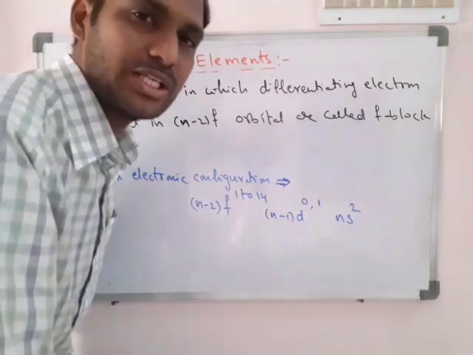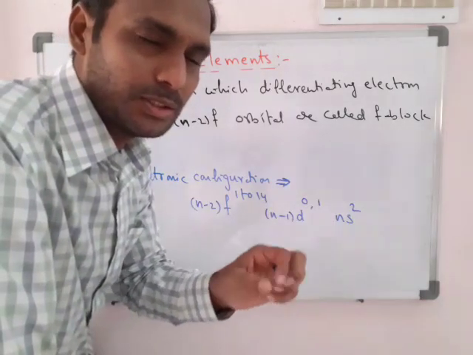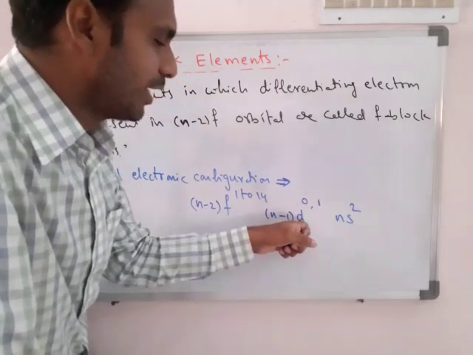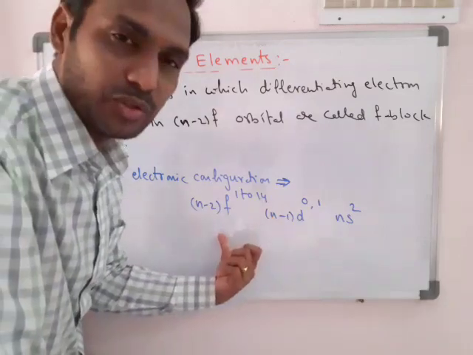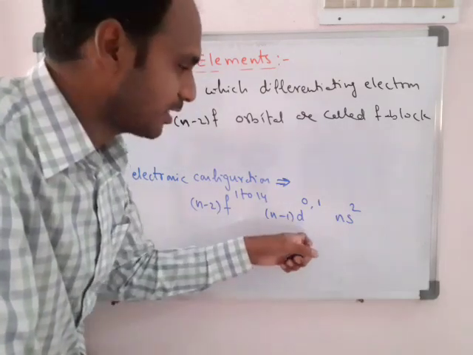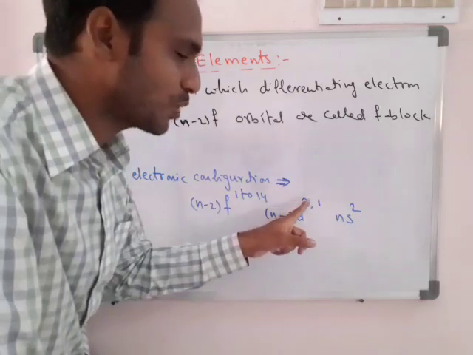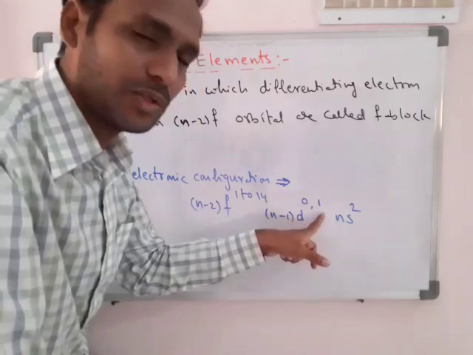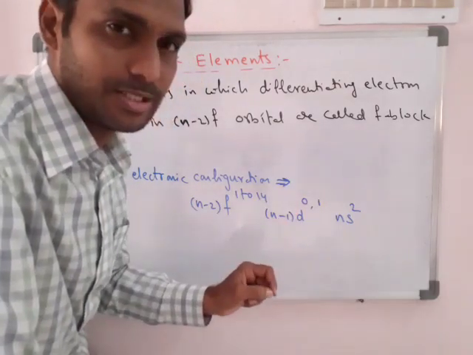Just as in the 3d series for chromium and copper the 4s electron shifts, in the same way here the d1 electron sometimes shifts into f, and then n minus 1 d becomes 0. That is why we write 0, 1. In most elements only n minus 1 d 1 is there, and in some particular elements 0 is present.